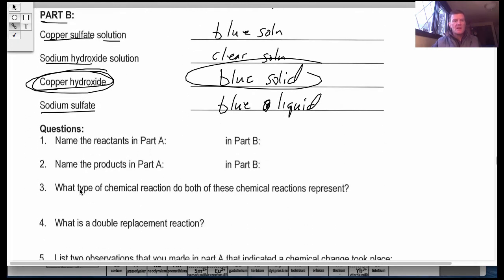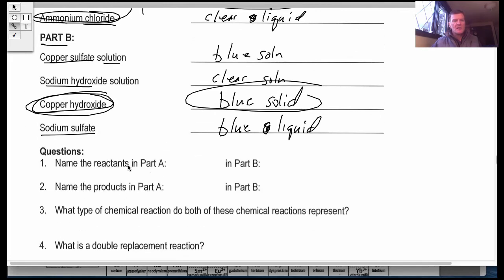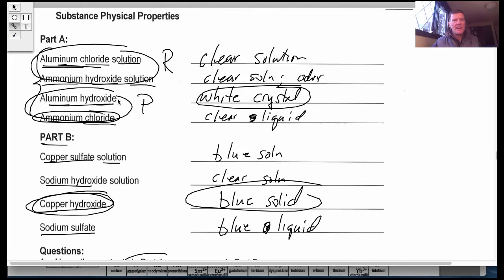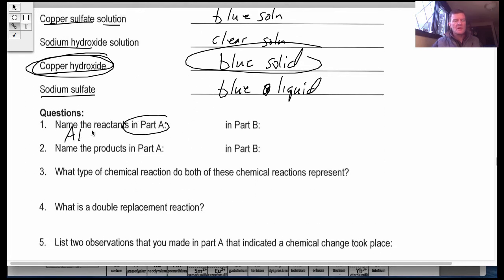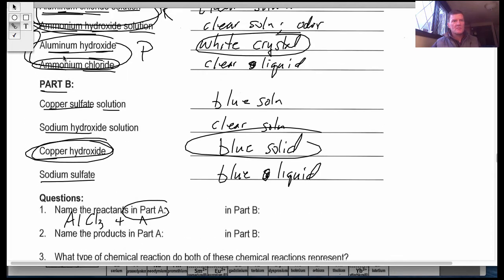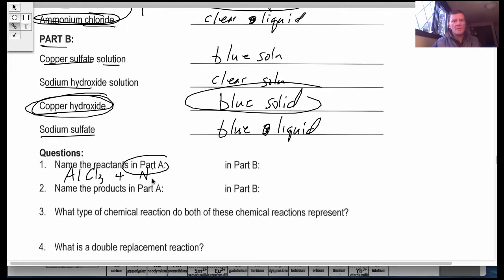All right. So in part A, the reactants, as I mentioned, are the aluminum chloride and the ammonium hydroxide.